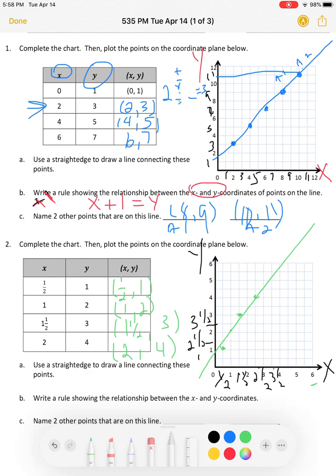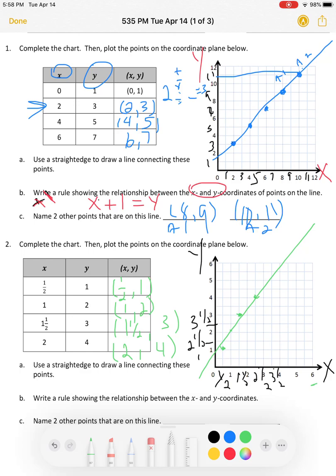Okay, so B, write a rule showing the relationship between x and y. So we need to do our analysis here, okay? I usually would use this set, but because everything's so written crazy here, we're going to look over here, okay? So when x is 1/2, y equals 1. What did they do to x so that the end result equals 1? Let me write out an equation and see if we can figure this one out.